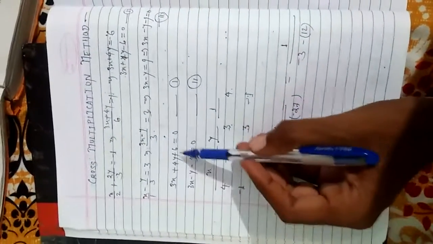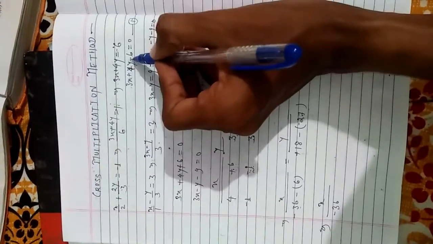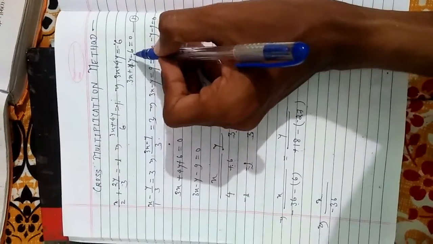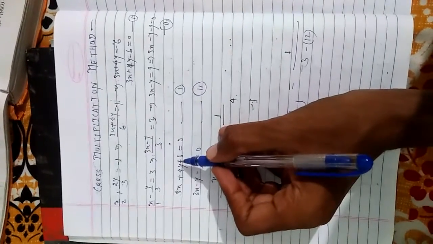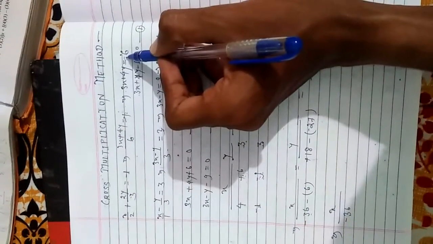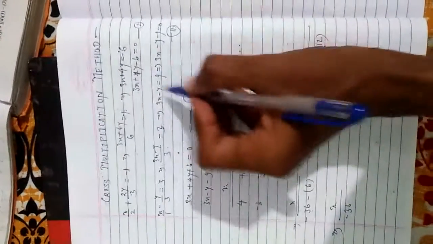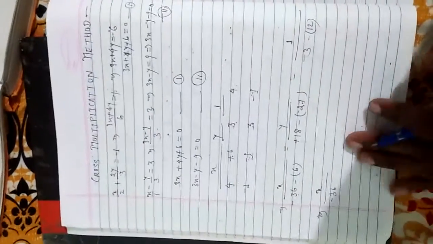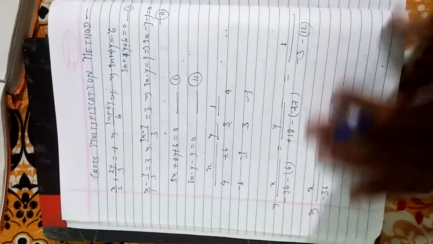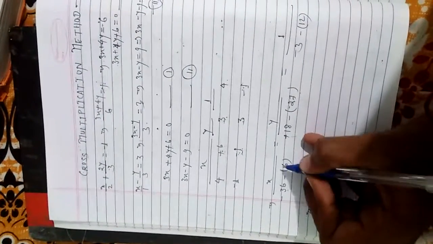This minus 6 will be converted to a plus 6. Because this is a minus, minus 6 now will be converted to a plus 6. When we put in the value plus 6 and solve, we will get like this. And this is also a minus.